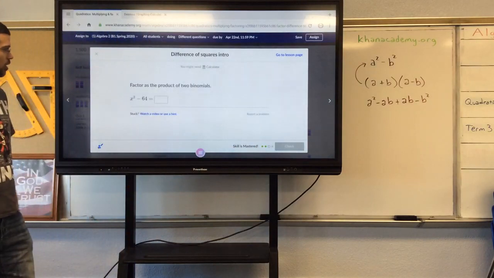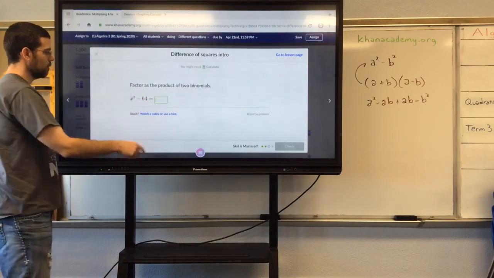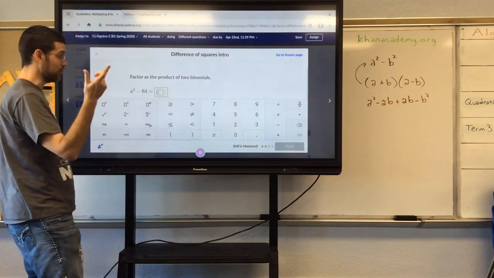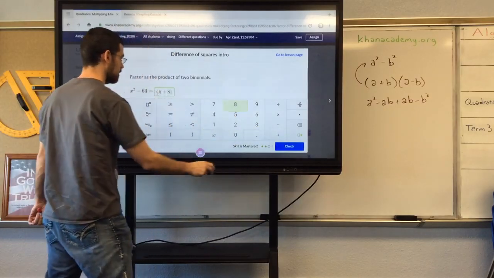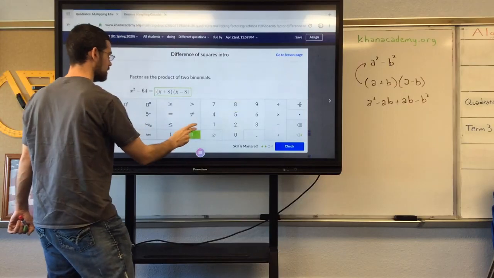Next question. Factor as the product of two binomials. Once again, we've got a squared term minus another squared term, so we take the square root of each of them. We get x plus 8 times x minus 8.